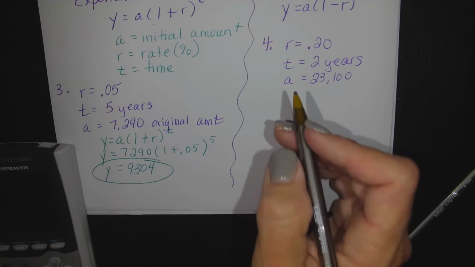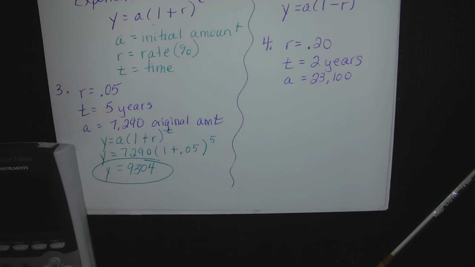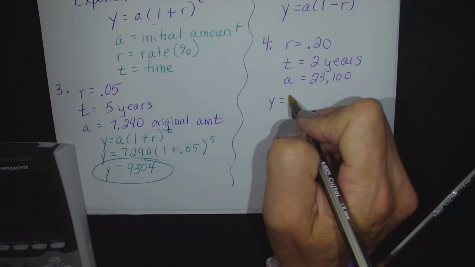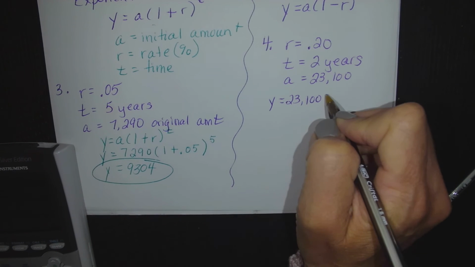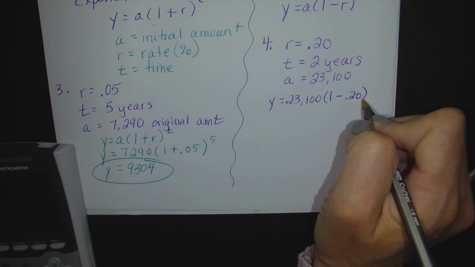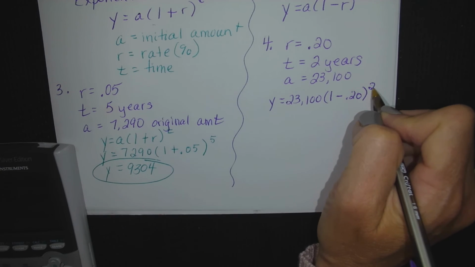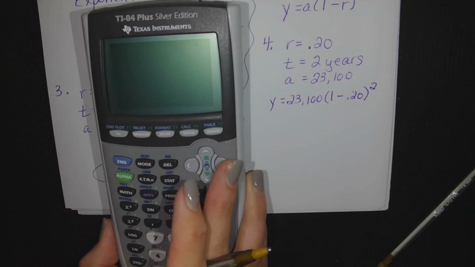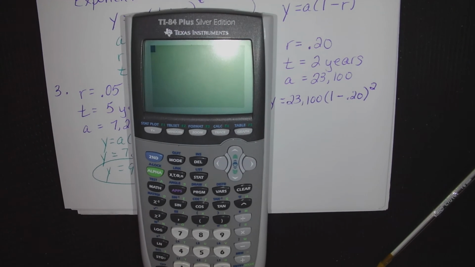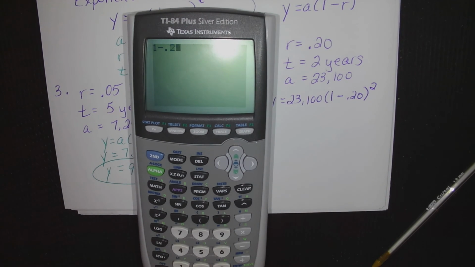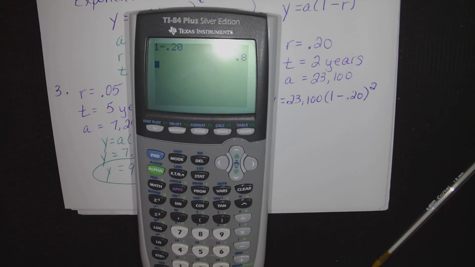Okay. So our formula is decay because it's depreciating. So here we go. Y equals 23,100 times 1 minus 0.20, all to the second power squared. Okay, here is my calculator. If you want to watch me, or you can try it first. Order of operations, I do this first. 1 minus 0.20, you get 0.8.